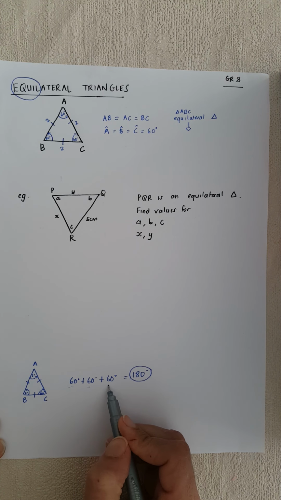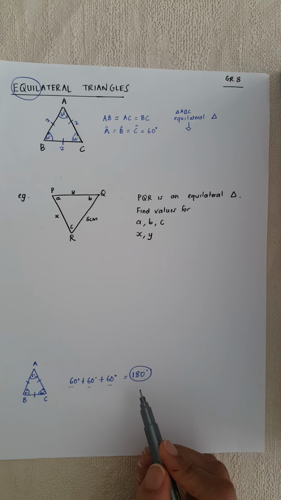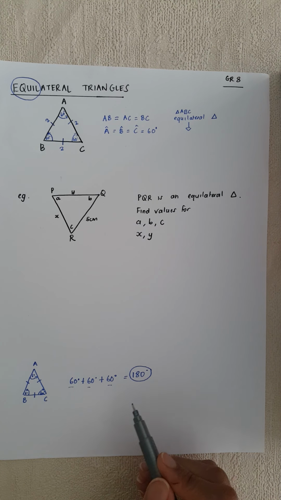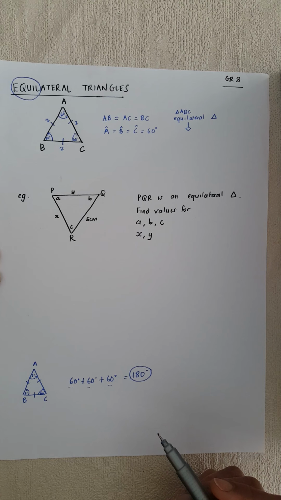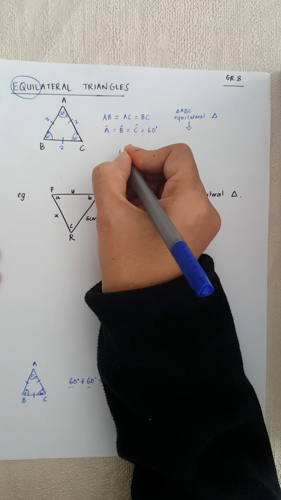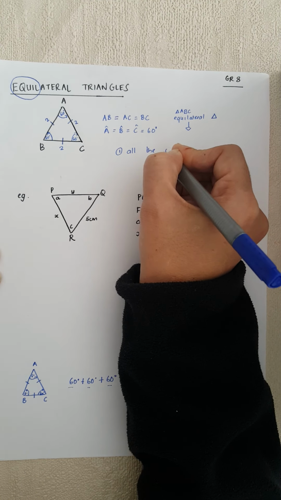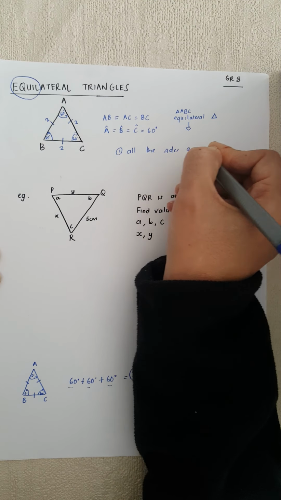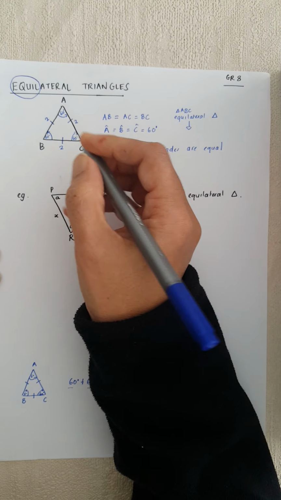That's why we have different values. But you can see from the equilateral triangle, because each angle is equal to 60 degrees, it proves the theorem that the interior angles are equal to 180 degrees. So what we need to remember in an equilateral triangle is, number one, all the sides are equal and can be any amount.